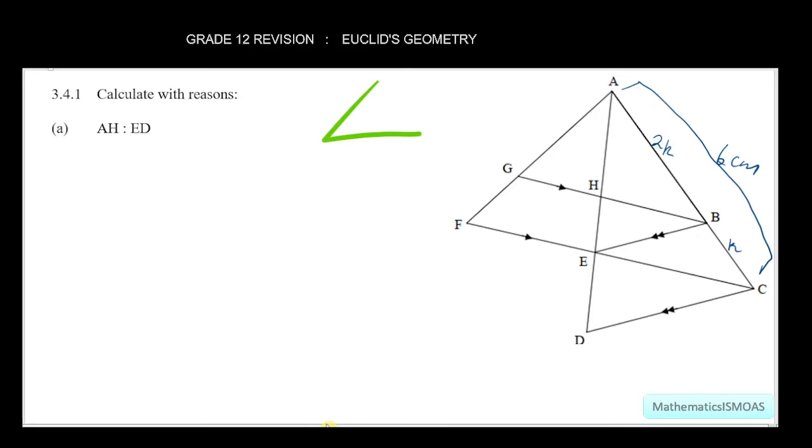You see, when we are in triangle AFC, we have FC being parallel to GB, and we have AE here. Let me draw it again so that it is clear. I'm just going to extract triangle AFC from the diagram.